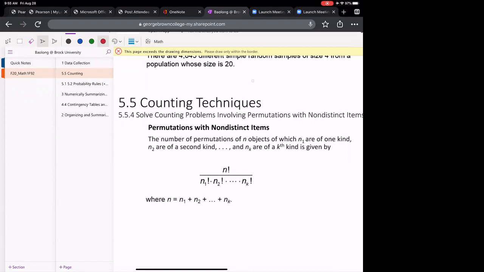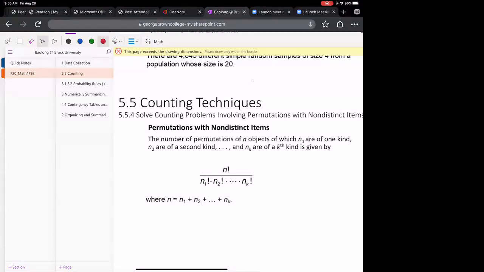Next, let's look at permutations with non-distinct items. The number of permutations of n objects, of which n1 are of one kind, n2 are of a second kind, and nk are of a kth kind, is given by n factorial divided by n1 factorial times n2 factorial times nk factorial, where n equals n1 plus n2 plus nk.